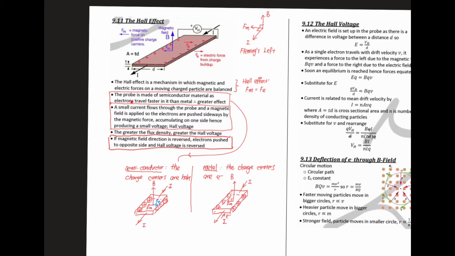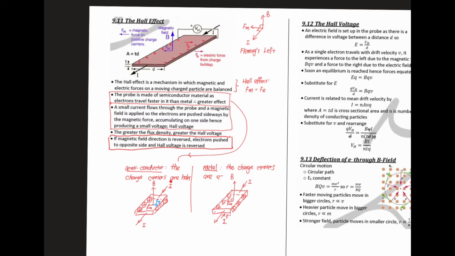Let's take it as holes then. The semiconductor, then the hole will experience the magnetic force. Then the holes are pushed sideways, then the holes are pushed to the opposite side, and then the Hall voltage is reversed. Okay, let's change it to hole then.